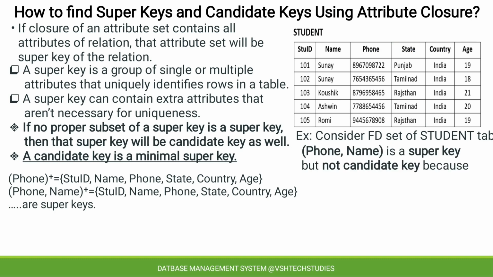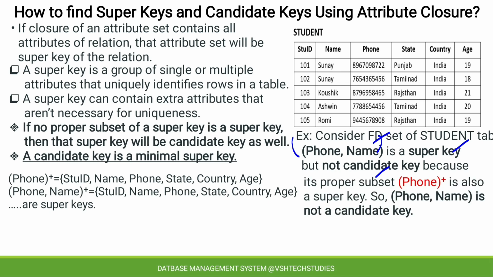So from functional dependency set, if you consider phone comma name, the set of these two attributes, this is a super key. This is not a candidate key because it's a proper superset of phone, and phone is also a super key. Hence phone comma name is not a candidate key.